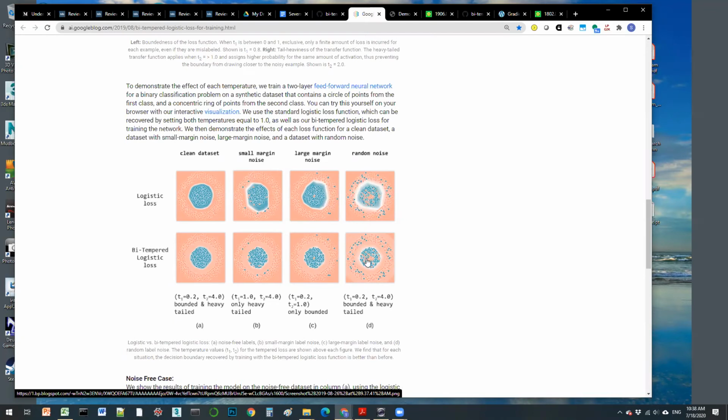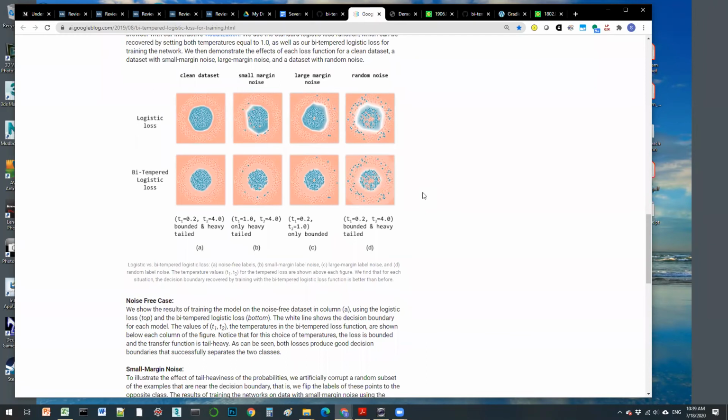As compared to the bottom row, fourth column, when you use both the bounded and heavy-tailed approach, which means you use bi-tempered, where T1 is 0.2 and T2 is 4 in this example, you get really well-behaved results compared to the top logistic loss alone. So that's in effect the effect of using T1 and T2 and thereby modifying the loss equations.